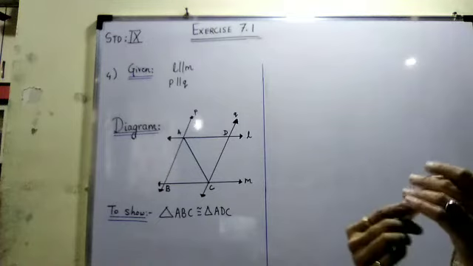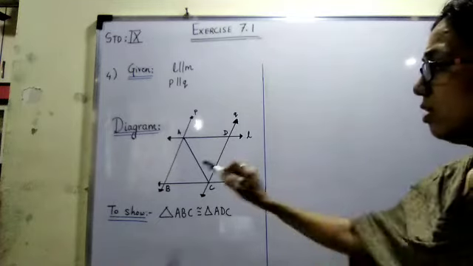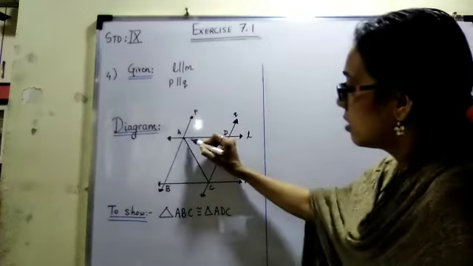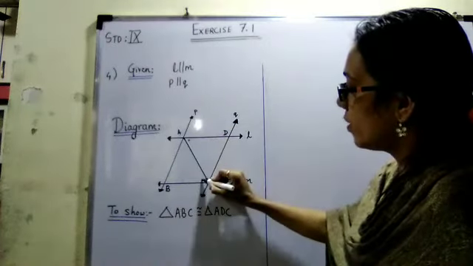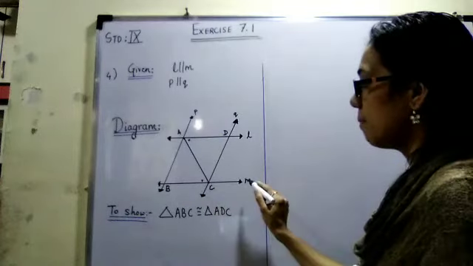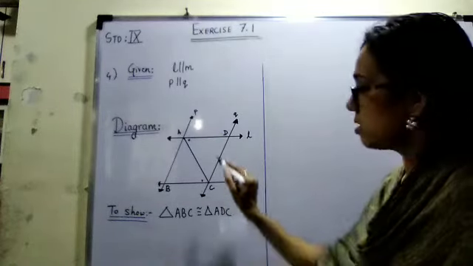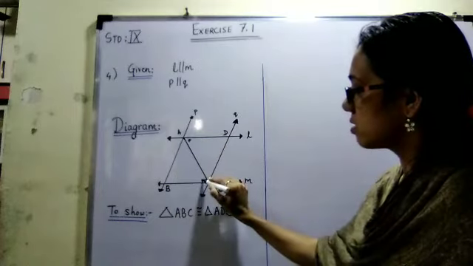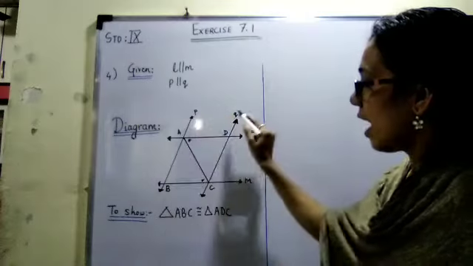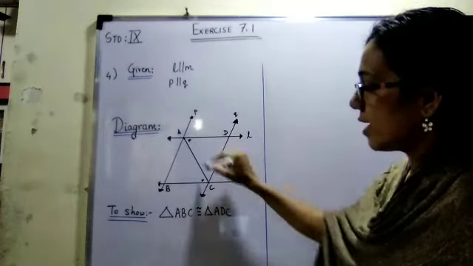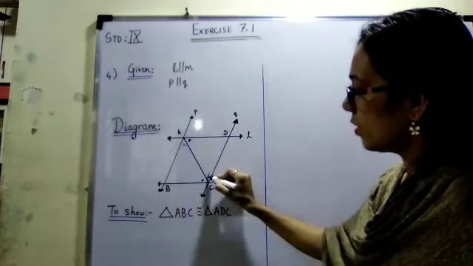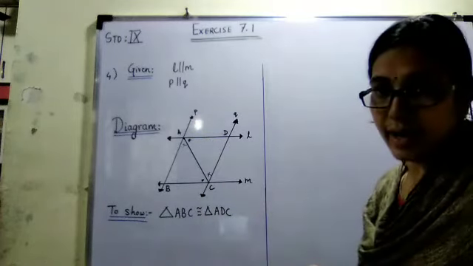So let us see which one we are going to use. If we consider these two triangles, if we see it very carefully, this angle is congruent to this because it is an alternate angle. L is parallel to M and AC is a transversal. So this angle is congruent to this. Similarly, if we consider P and Q parallel and AC as a transversal, we can find that this angle is congruent to this alternate angle.